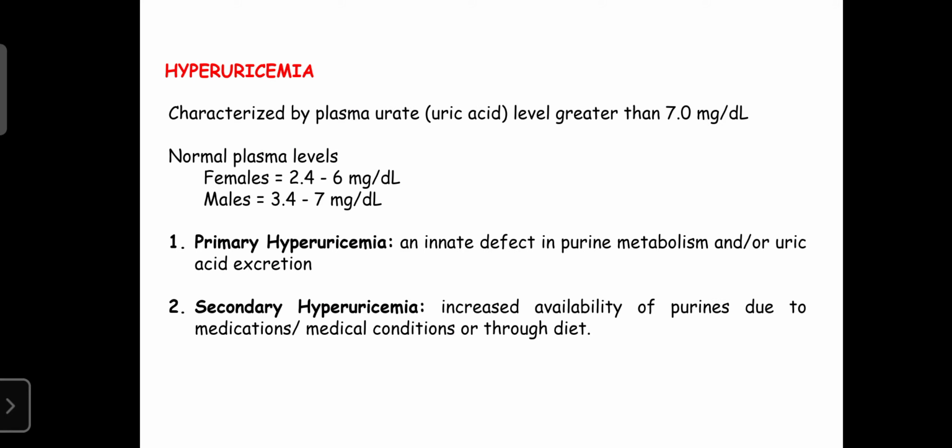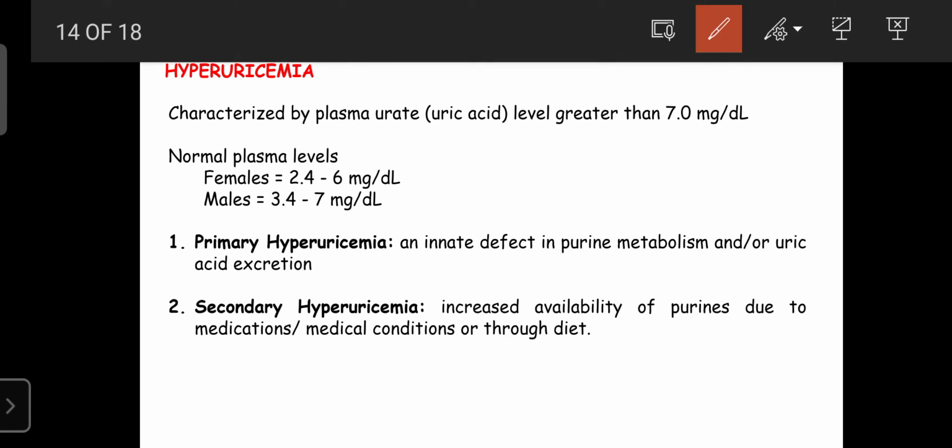First, regarding hyperuricemia, it is characterized by a plasma urate or uric acid level greater than 7 mg per deciliter. Due to over-degradation of the purine bases, more uric acid is formed, increasing the plasma concentration of uric acid to more than 7 mg per deciliter.